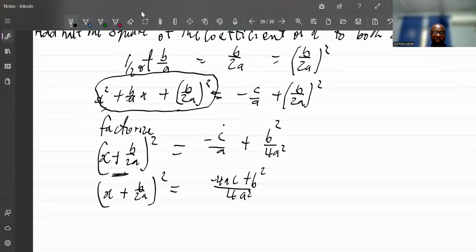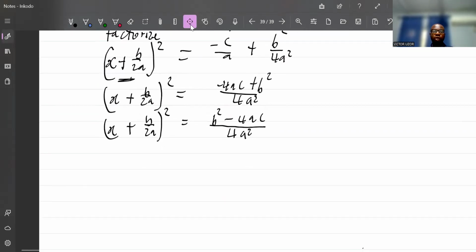If I simplify it more, I have x plus b over 2a squared equals b squared minus 4ac all over 4a squared. At this point, what we do is square root both sides. Why do you square root both sides, you might ask?